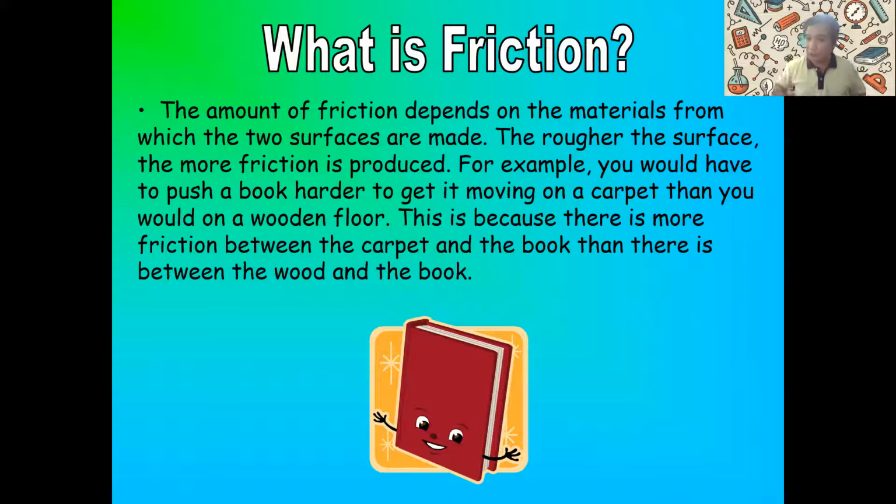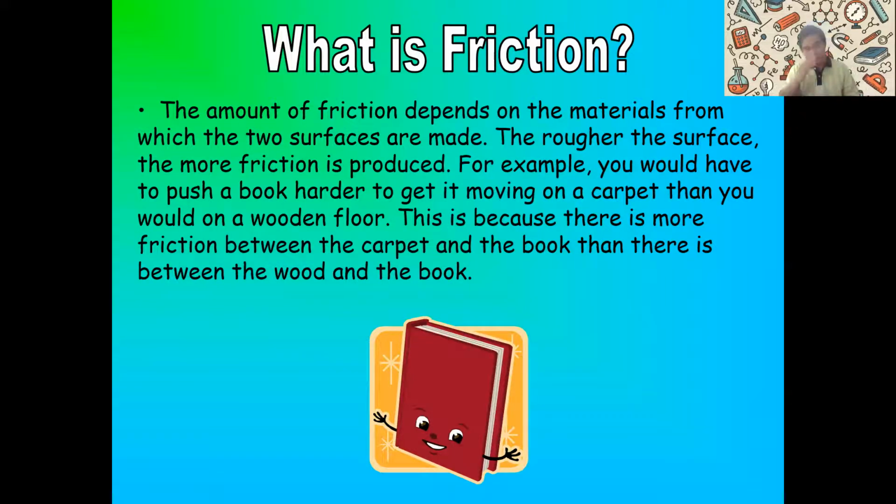So the rougher the surface, the more friction is produced. For example, you would have to push a book harder to get it moving on a carpet than you would on a wooden floor. This is because there is more friction between the carpet and the book than there is between the book and the wood.